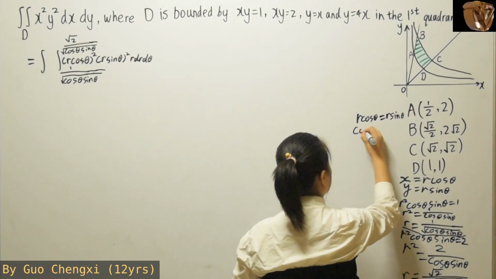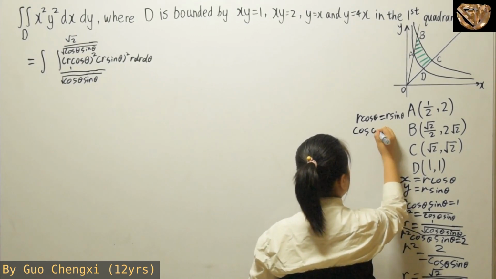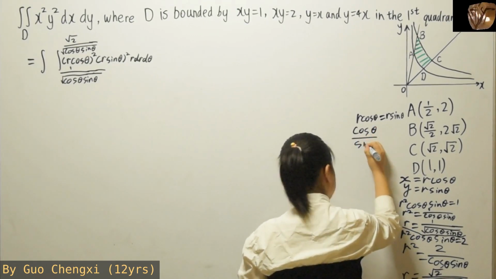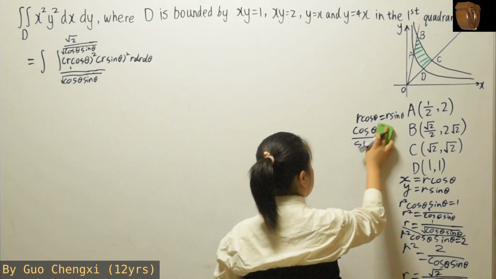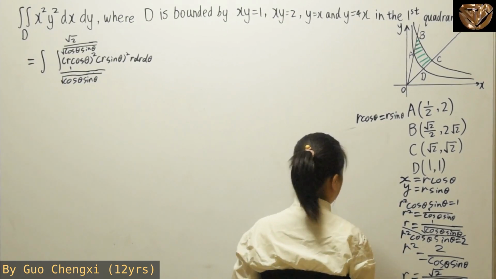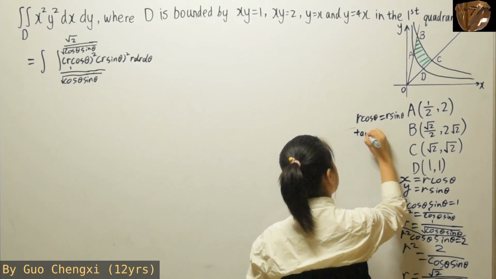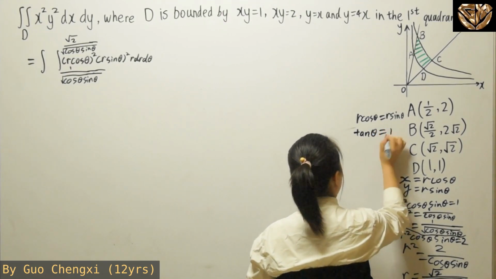Cosine theta over sine theta becomes tangent theta, while the r's get simplified, so tangent theta equals 1.